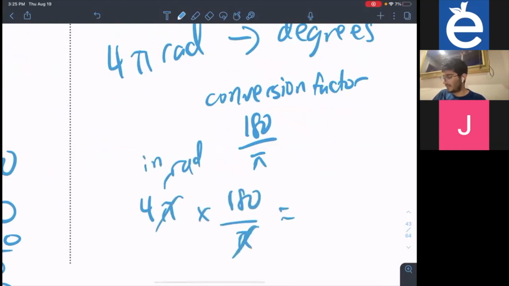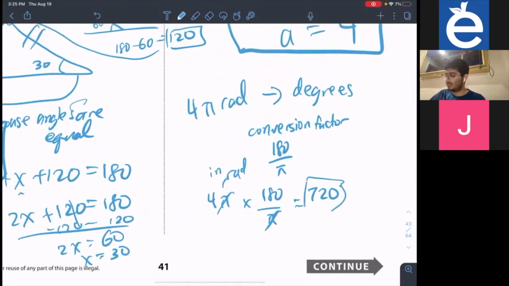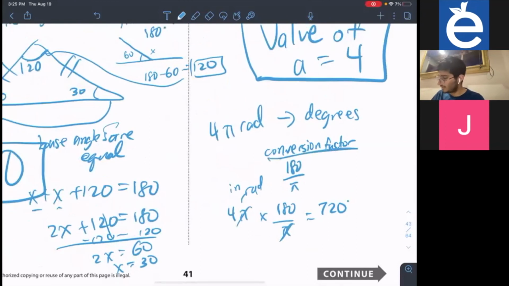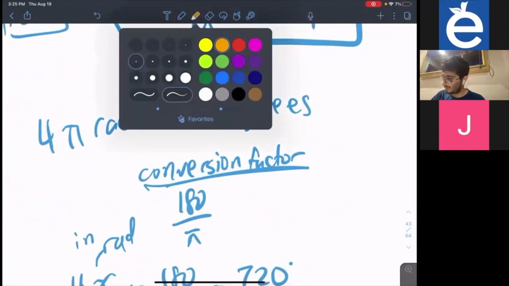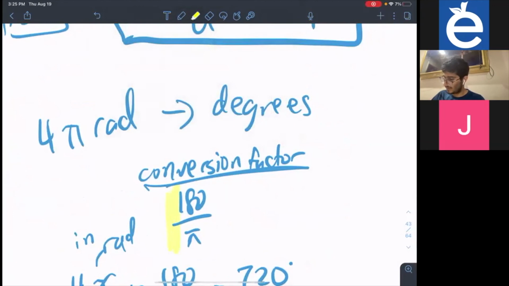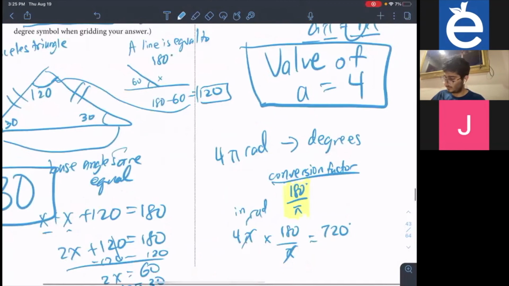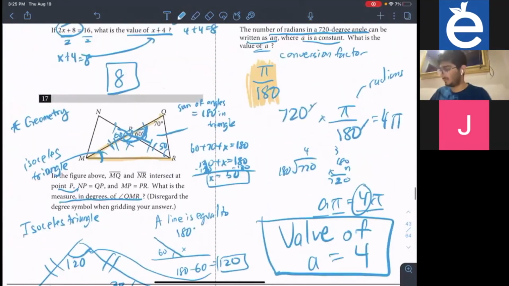So the radians would cancel, and then you would do 4 times 180, which is 720 degrees, which makes sense too. So the conversion factor from radians to degrees would be 180 over pi. So yeah, the value of a is equal to 4.